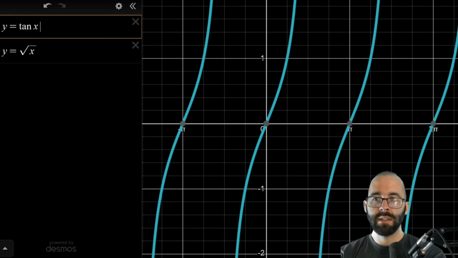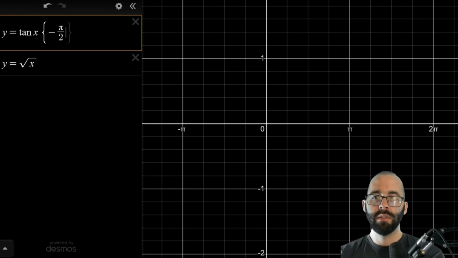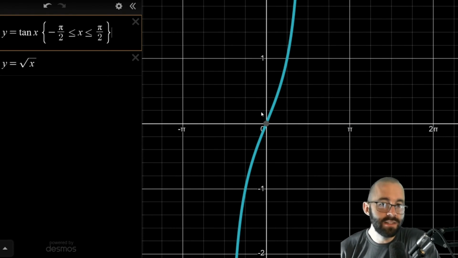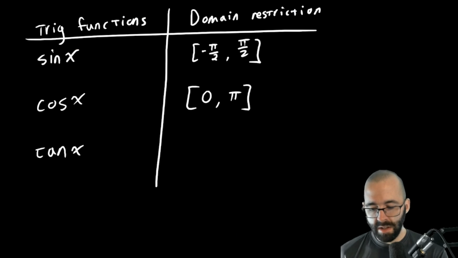So that piece is just from negative pi over 2 to pi over 2, like so. Now we have this single piece. It doesn't actually include pi over 2, it's undefined at pi over 2. So here it's going to be negative pi over 2 to positive pi over 2.